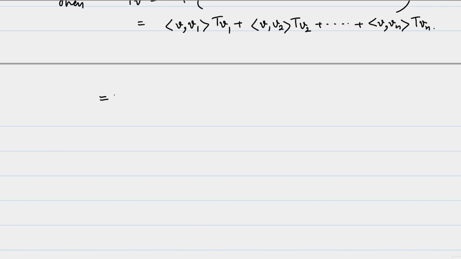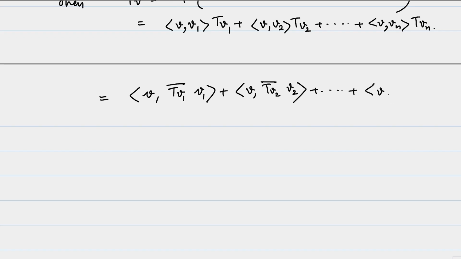I can just pull this into the second coordinate of the inner product and write this as the inner product of v with conjugate of T(V1) times V1, plus v with conjugate of T(V2) times V2. Notice that whatever is being written inside are just scalar multiplications of the scalar conjugate of T(V1) with V1, conjugate of T(V2) with V2, and finally in the last term, v with conjugate of T(Vn) times Vn.